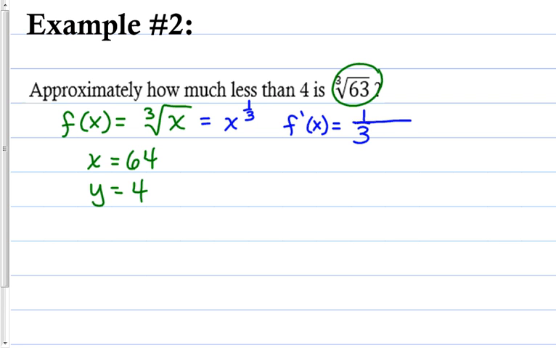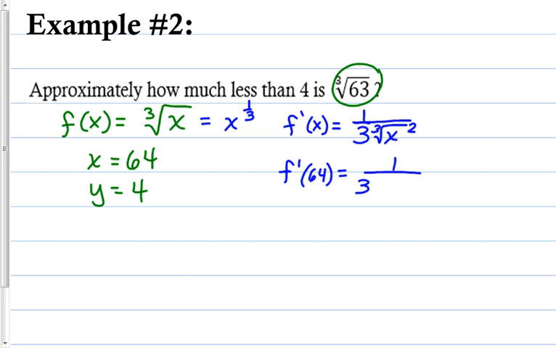So it's going to be x to the negative 2/3 power. Negative means the denominator. The 2 is squared, and the 3 means cubed root. So cubed root, and then squared. So that's my derivative. I'm going to go ahead and plug in the 64 because I want to find the actual slope number.